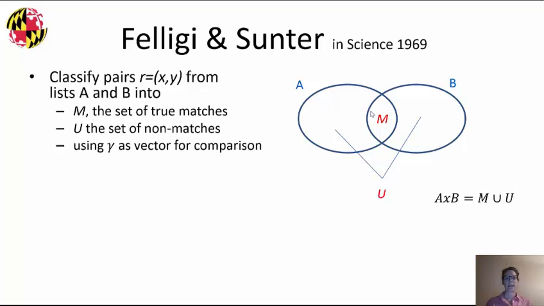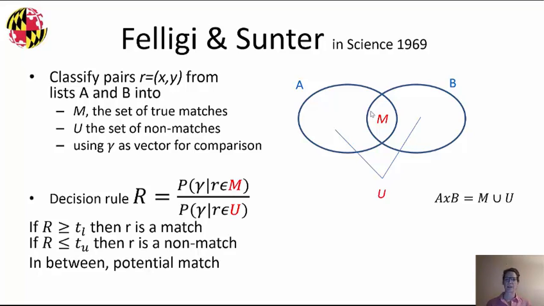A vector of variables can be used as a comparison, and the comparisons are done in pairs. So every X and every Y record from each of these two data sets would form a pair, and all pairwise comparisons would be made in theory.